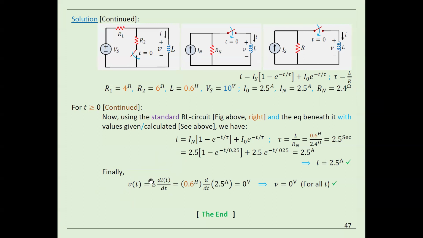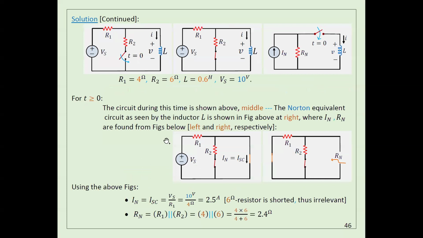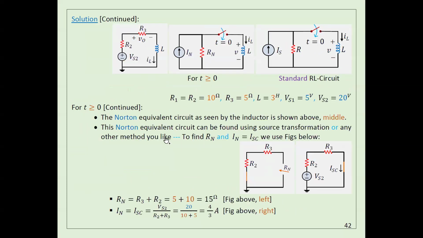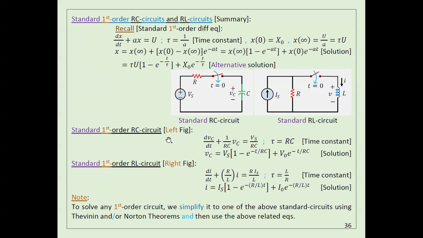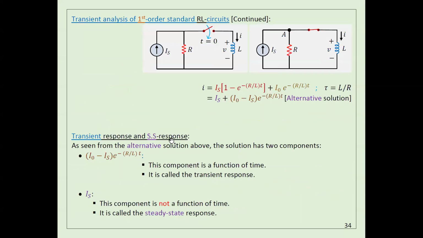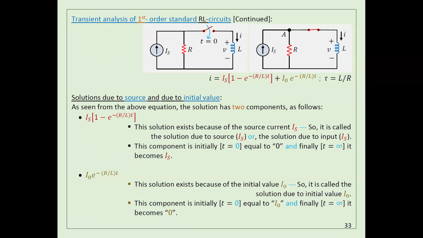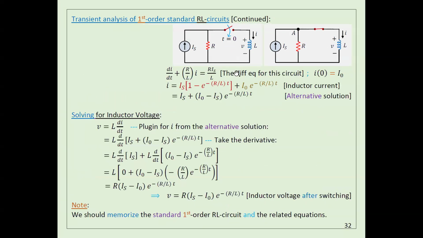In exams, you don't need to differentiate it because I will give you the two formulas. As you see here, guys, this is the first formula it will give you in exams. You have IS, you have I naught, this is for the current. If you differentiate it, you get another formula for V, this one here.